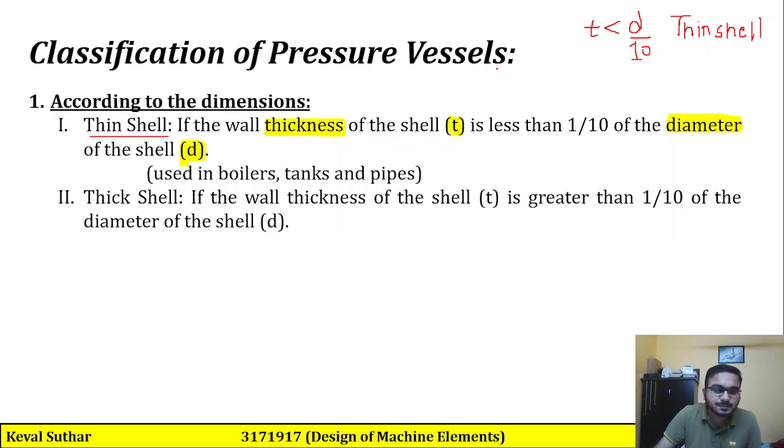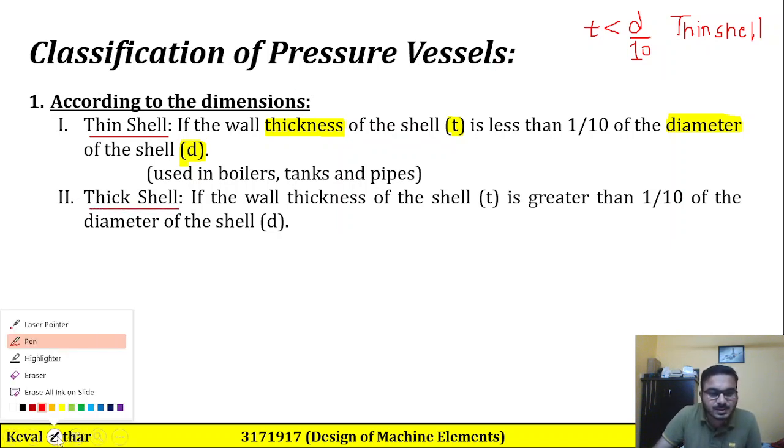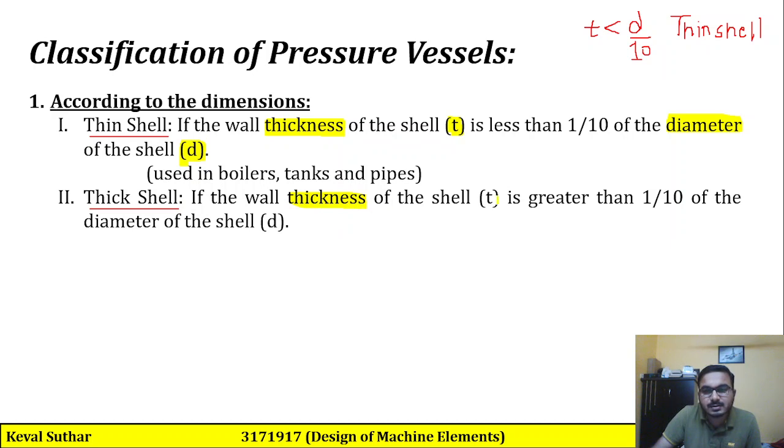Then the thick shell, in which the thickness of the shell t is greater than 1/10 of the diameter D of the shell.